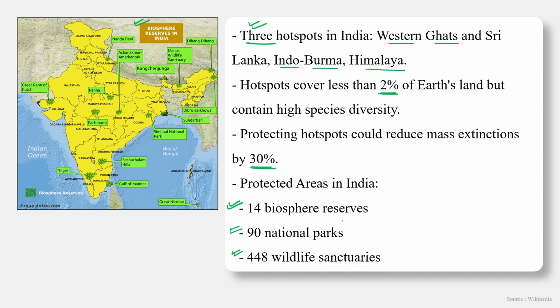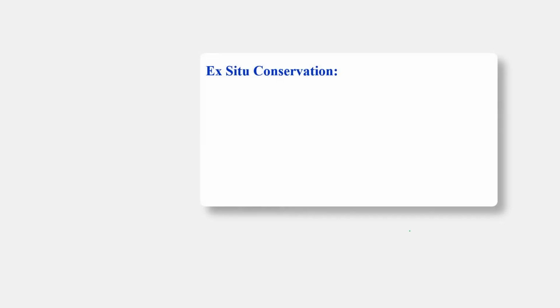In a biosphere reserve, both national parks and wildlife sanctuaries can be incorporated, but these are somewhat different types of areas. As this one is a huge area, the number is less. This one is a big number, so the area is small. National park is comparatively in between. So like this.